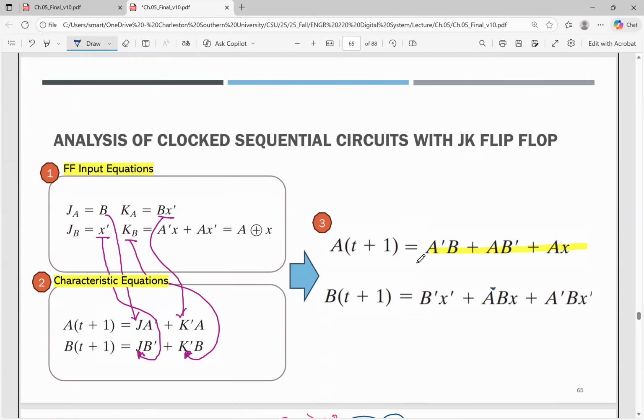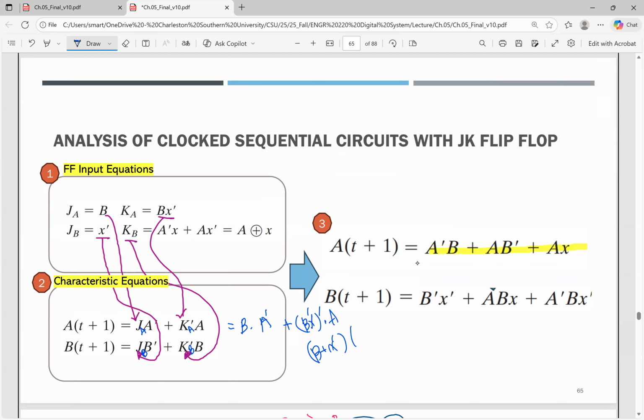J A prime plus K prime A. So this is J sub A, and this is J sub B, K sub B, and the K prime A. So just to put it inside, for example, B A prime, and then K A prime means B X prime and A, so that was B plus X prime A. So AB plus AX prime.